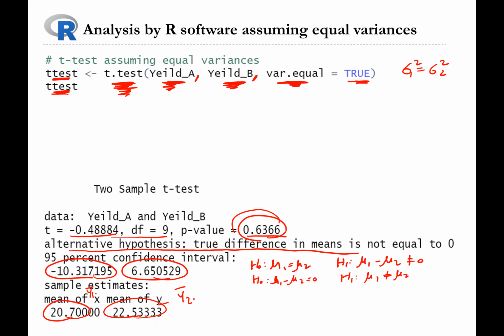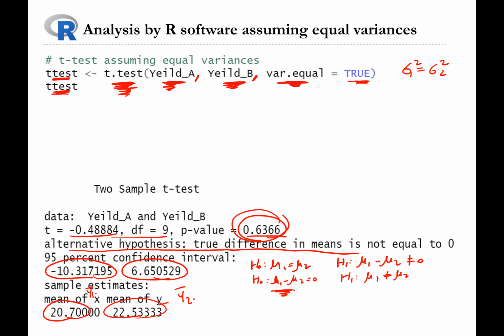When I look at the p-value, I see it is greater than alpha, so I fail to reject H0. So I conclude that mu1 equals mu2 at significance level 5%. So this is the function you should use to do the t-test to compare two treatment means. Any questions so far?